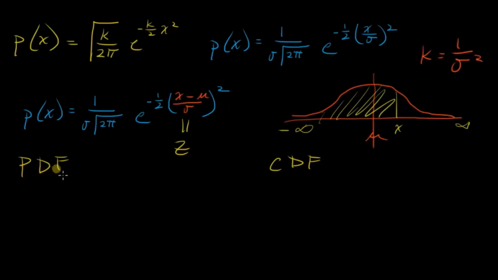This is your probability density function, and the cumulative density function is just the integral of this, and it's giving us an area up to some certain x. So you would integrate this normally from negative infinity up to some value of x, and it will give you this area, which will give you a probability. And so that's how it's done by hand.